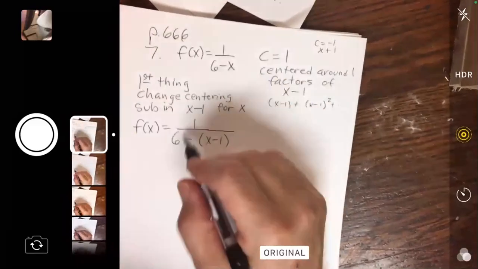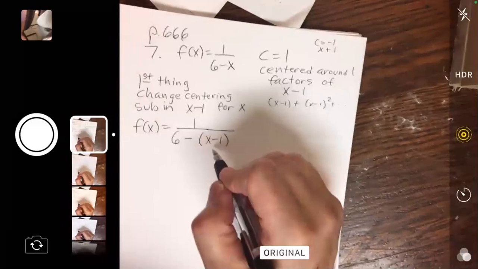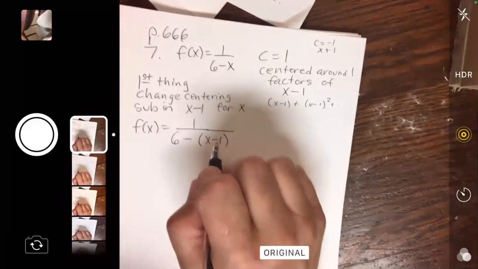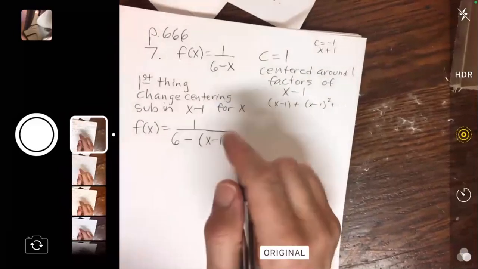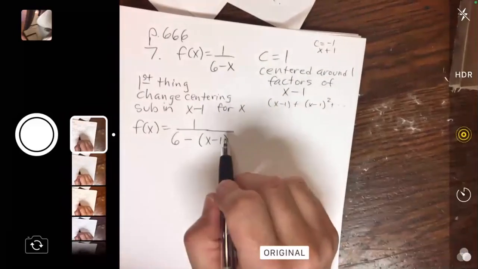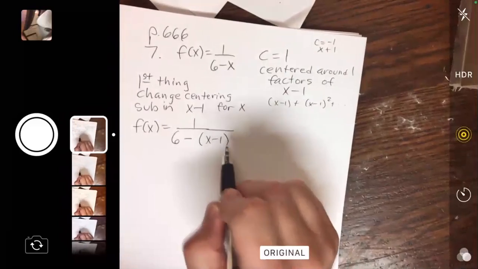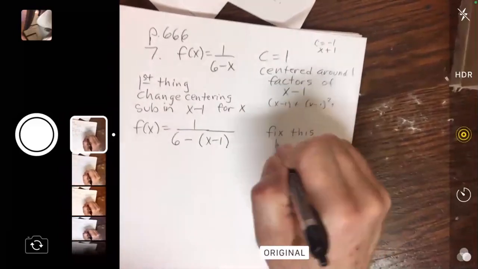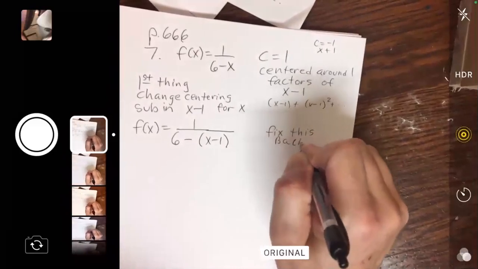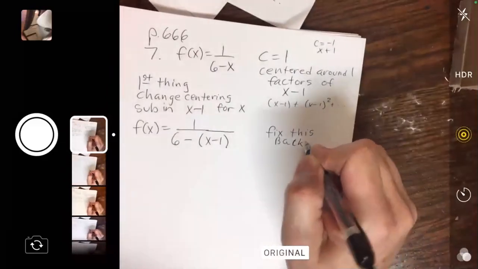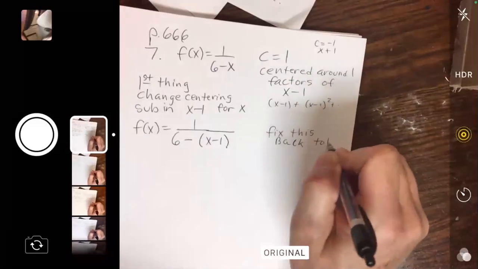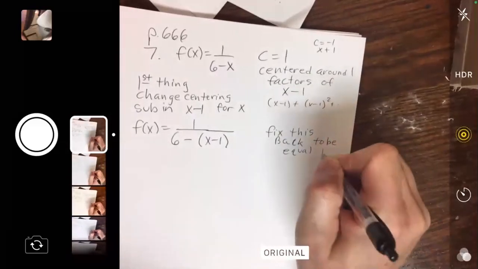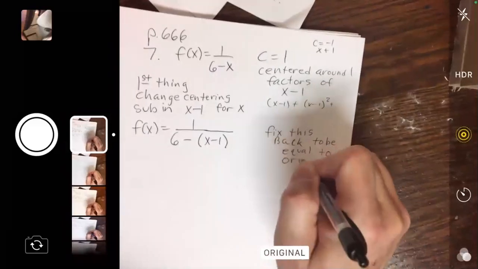But you see, if I just go and use this, things have changed. This is the hardest thing in the world to explain. I've got to fix this back to be equal to the original.